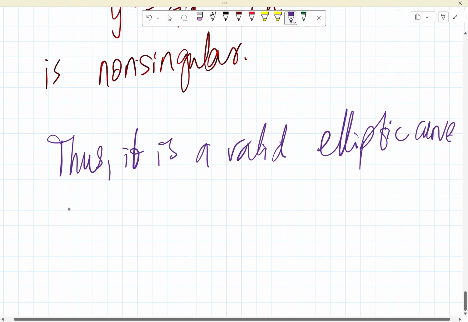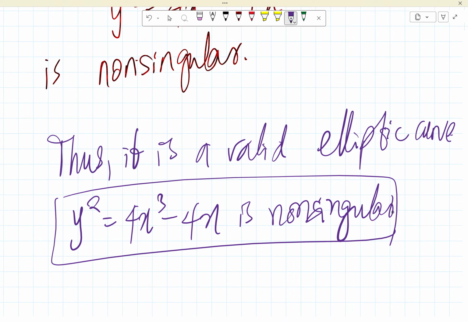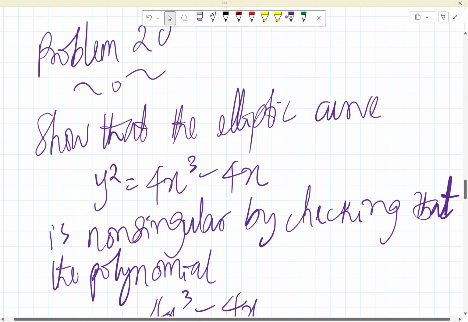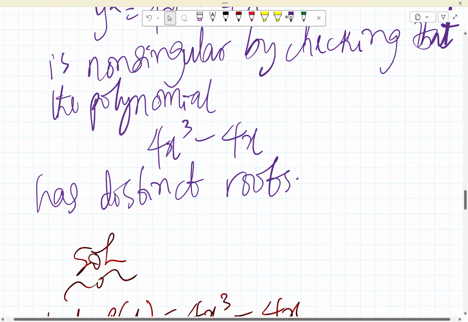So we see that y squared equals 4x cubed minus 4x is non-singular. That is what we're expected to show from the question: show that the elliptic curve is non-singular by checking that its polynomial has distinct roots.